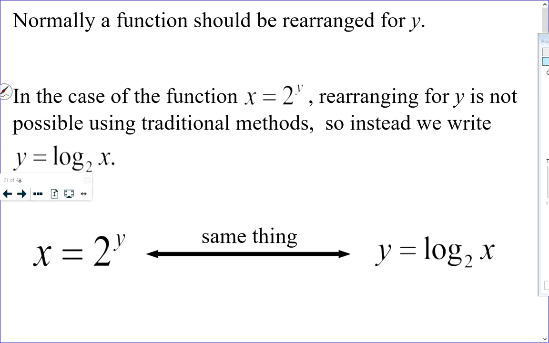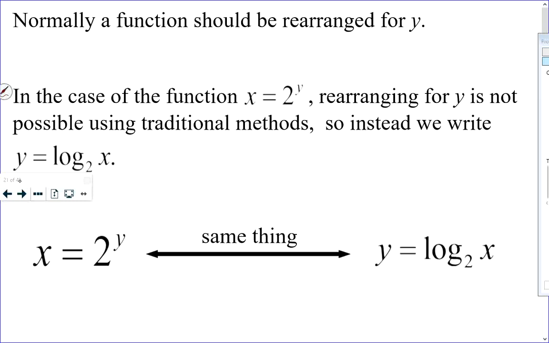I want you to notice that in the exponential function, one of the variables is by itself. But when you translate it to the logarithmic, it's the other variable that's by itself. So the x is by itself in the exponential, the y is by itself in the logarithmic.